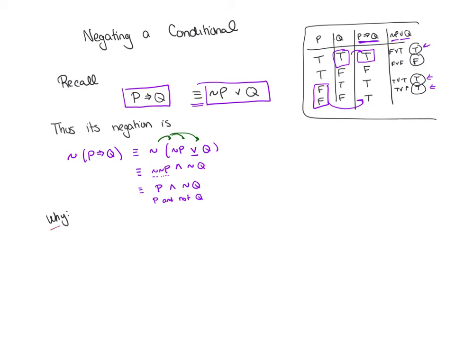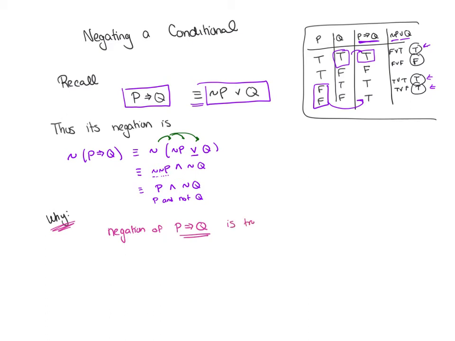All right, so why is that true? Could we have seen that another way? The negation of this P implies Q needs to be true exactly when P implies Q is false.